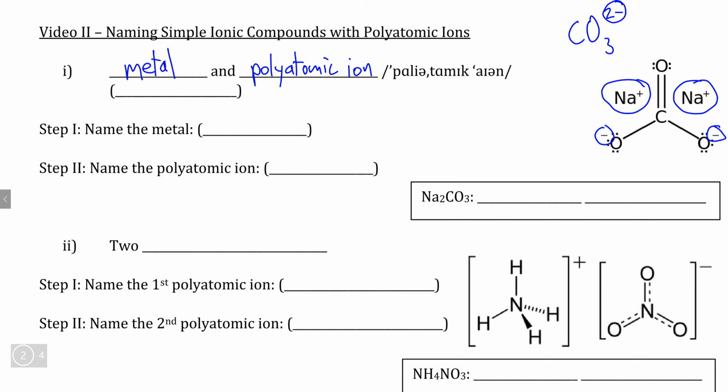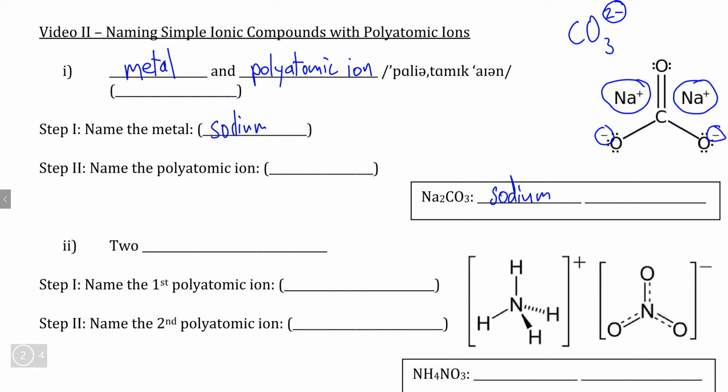Well, it begins the same way that naming a regular metal and non-metal ionic compound does. We start by naming the metal. We don't even need to look up Na anymore because we remember that its name is sodium from the previous video, so naming the first half of it is done exactly the same way.